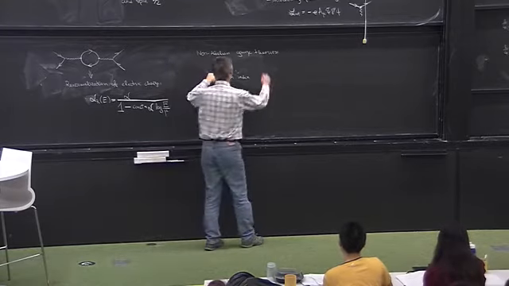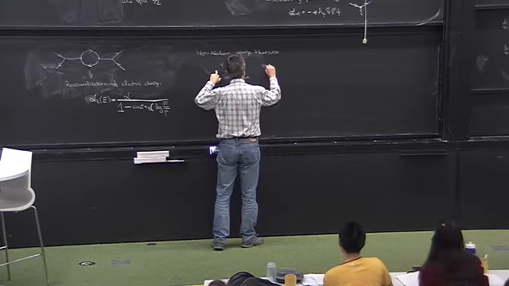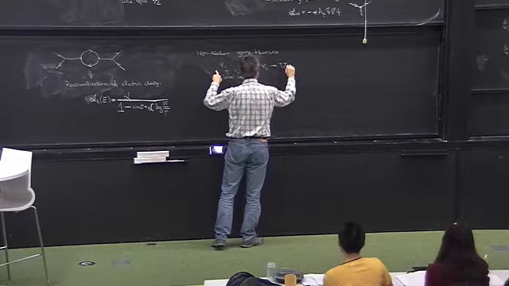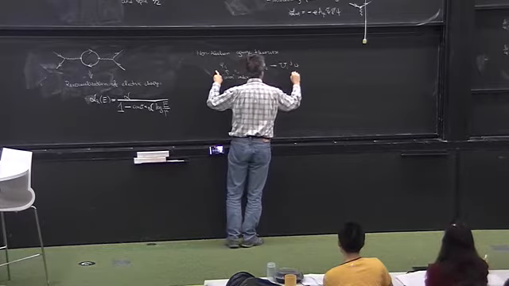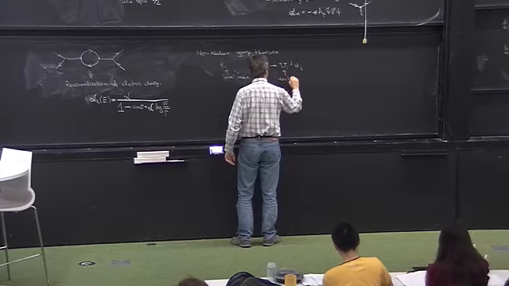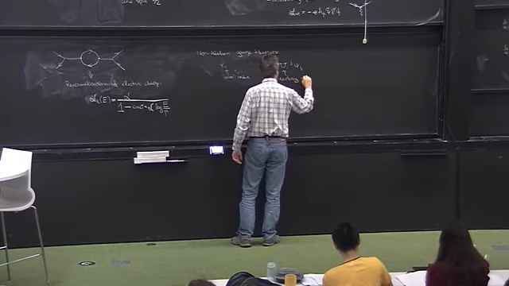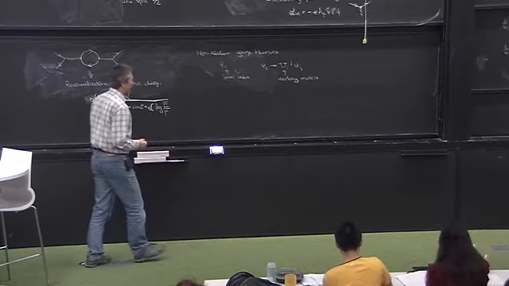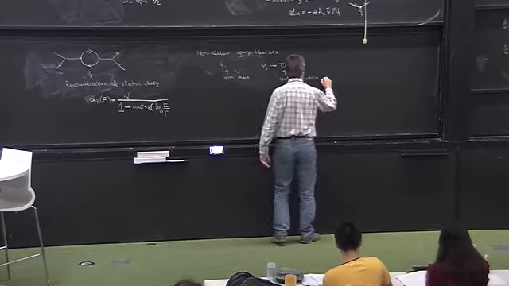And we require the theory to be invariant under unitary transformations of this color index. So this is a unitary matrix, let's say with unit determinant.